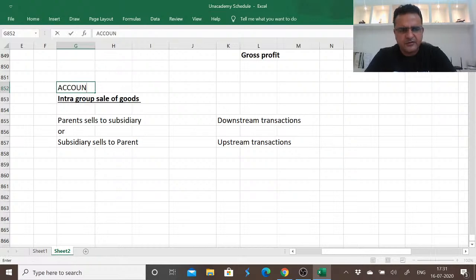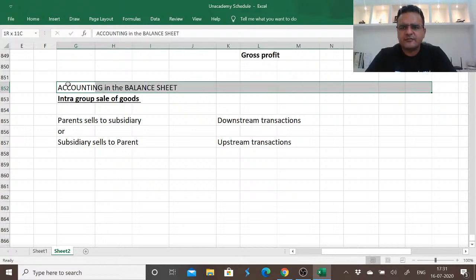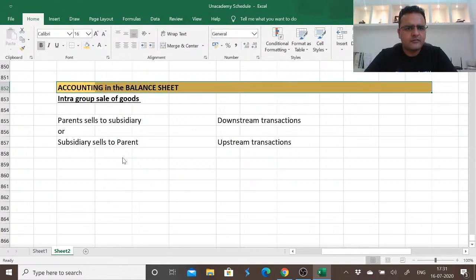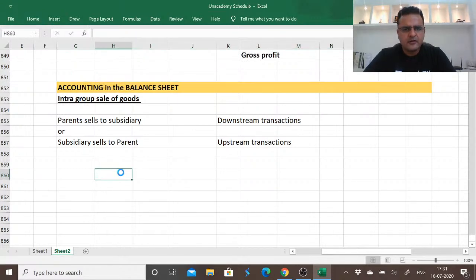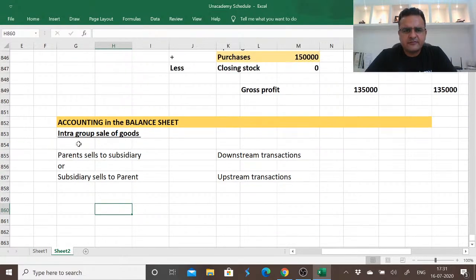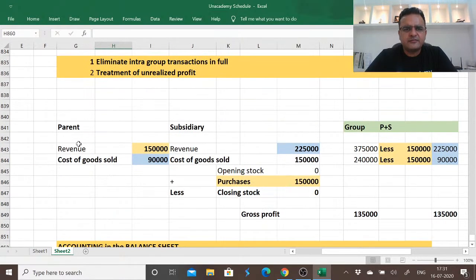Now accounting in the balance sheet for intragroup transactions, if parent sells to subsidiary or subsidiary sells to parent, we have two workings which are used to deal with it.